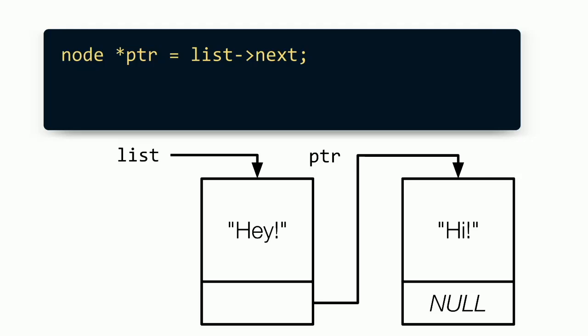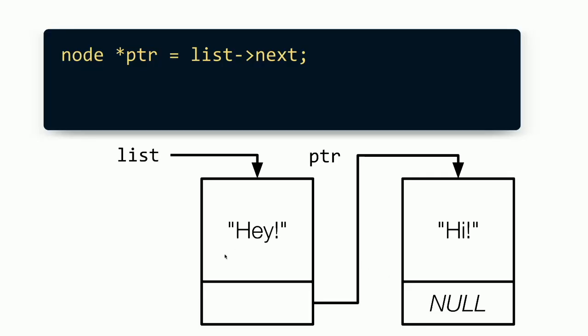I know it's getting a little bit confusing, but let's try to visualize it. If list right here is pointing to the node "hey," list arrow next will actually go into this cell and grab the address of the "hi" node. So actually what ptr is storing is the address of the "hi" node.